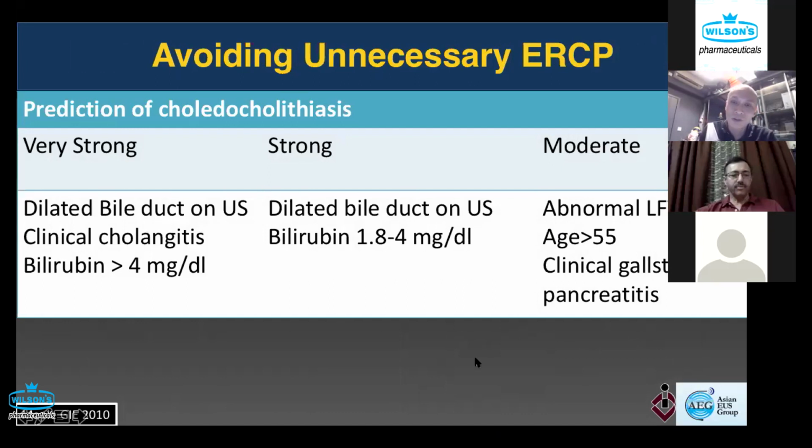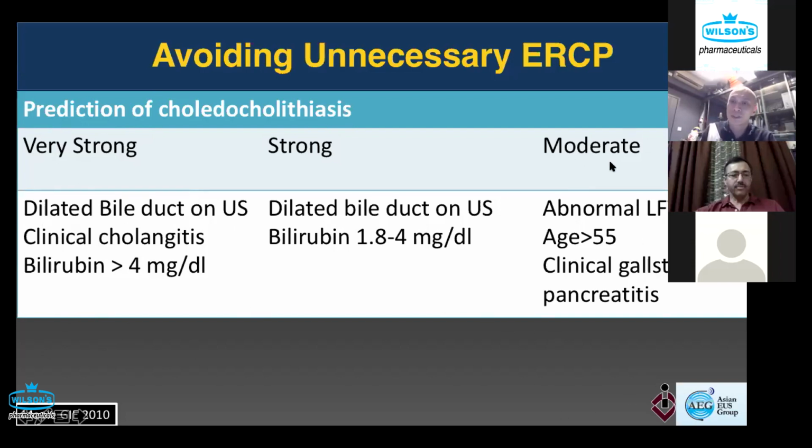And certainly we should look at the patient on a patient-by-patient basis. There are several described criteria for the presence of, for example, common bile duct stones. If the patient has a dilated bile duct on ultrasound, clinical cholangitis, and high bilirubin, obviously these are very strong indications for ERCP.